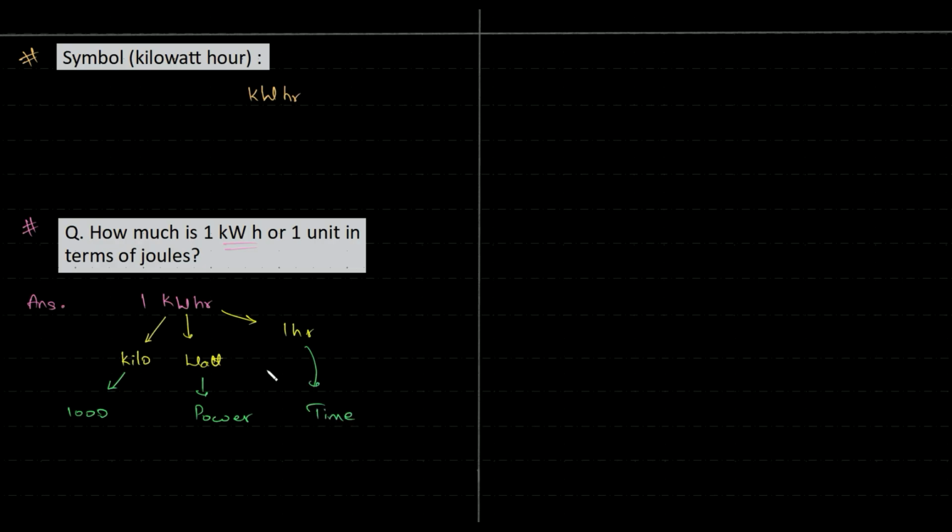So this clarity should be there. The next thing we need to understand is that 1 kilowatt hour is 1000 watt hour. We'll do it step by step. Now 1000 watt hour is nothing but 1000 watt into 1 hour.